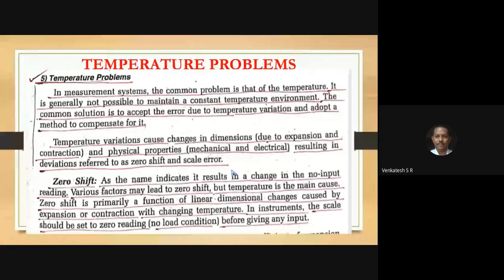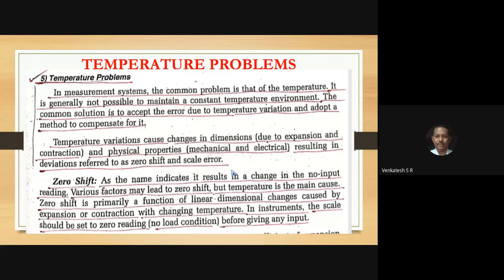Then the system will not present accurate results. So the temperature problem must be eliminated. For that reason, the mechanical system uses copper and silver. You can add silica and carbon to the metal so that you can avoid the temperature problem. Up to 95%, you can avoid the thermal contraction or thermal expansion of the metals.